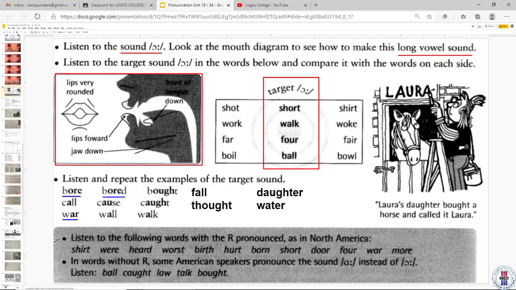Fall, daughter, the sound's right here, daughter, fall, call, cause, caught, thought, water, right? That sounds right here, water, war, wall, walk, war, wall, walk.